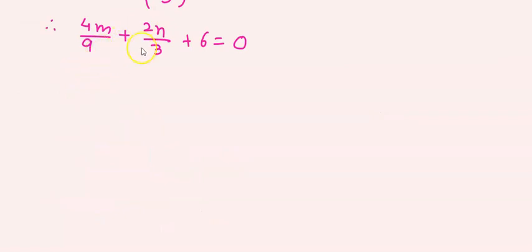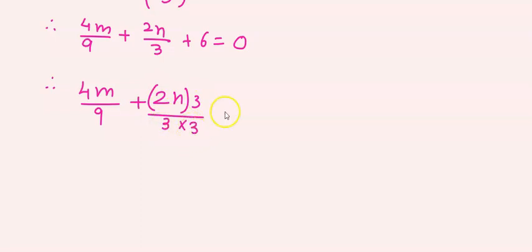Further, we will make it in like denominators. So 4m/9 plus 2n, we will multiply and divide by 3, so 2n times 3 upon 3 times 3, plus 6 multiplied and divided by 9, because we have taken the LCM as 9, equals 0.